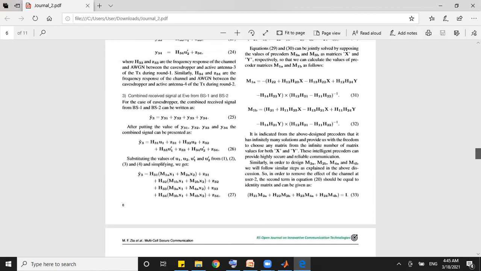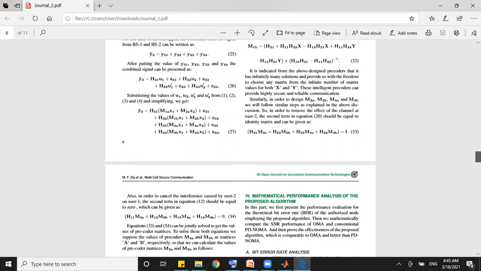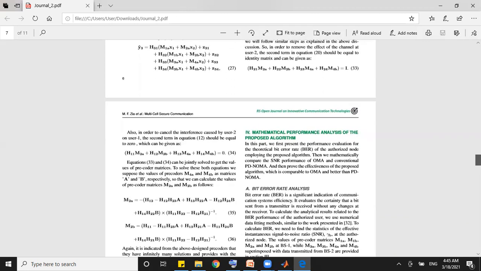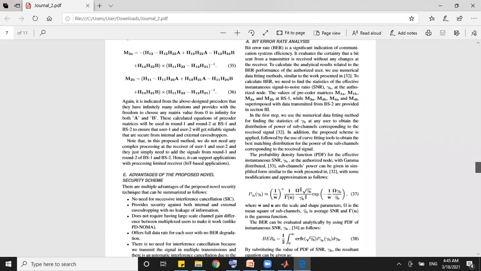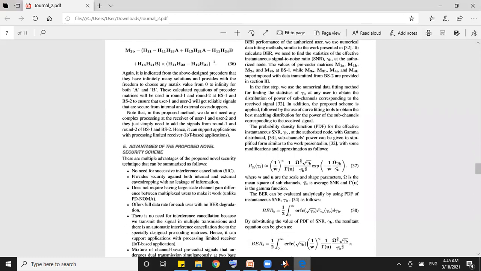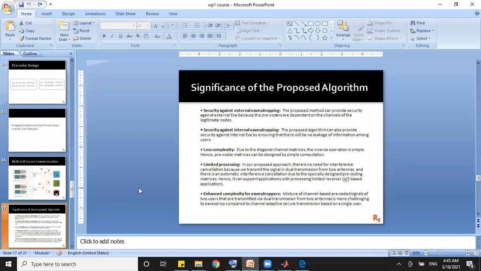These are the intelligent precoder matrices that will be superimposed with the transmitted signals on base station 1 and base station 2 to provide us with great results.